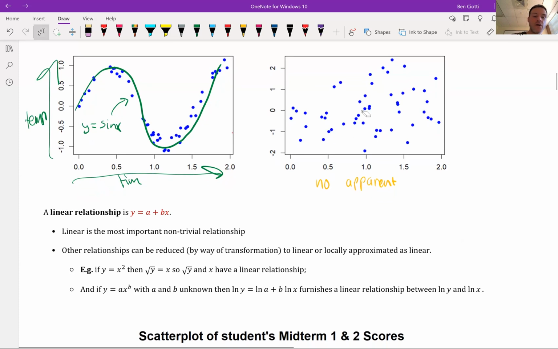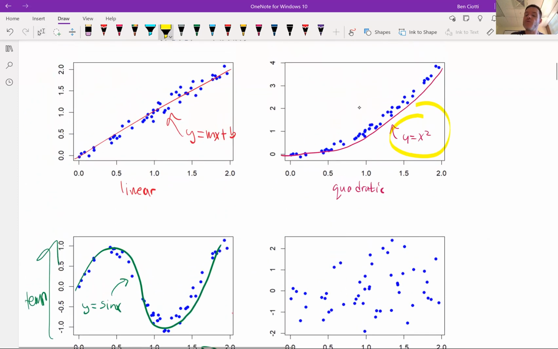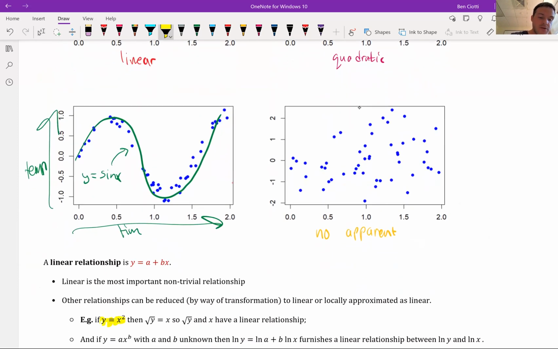For one, other relationships can often be reduced by way of some transformation to linear relationships. For example, in the quadratic case, what if you just take the square root of all your y values? Because if y is equal to x squared, well, then the square root of y is equal to x. So square root of y and x are a new pair of variables with a linear relationship, which would then be amenable to linear regression analysis.